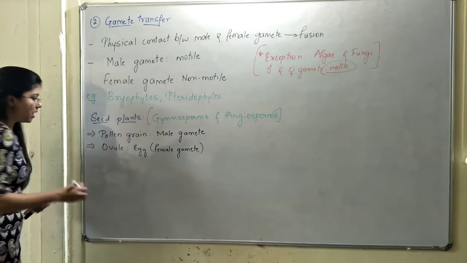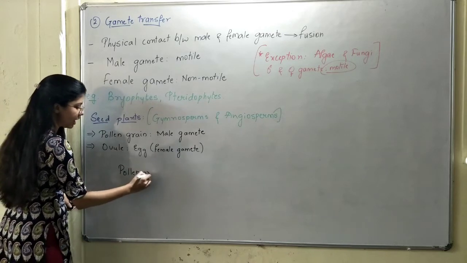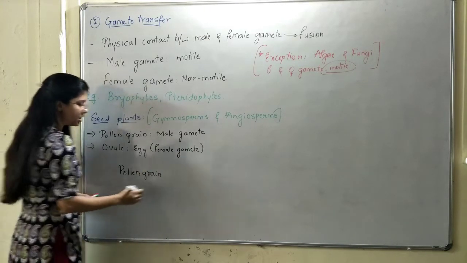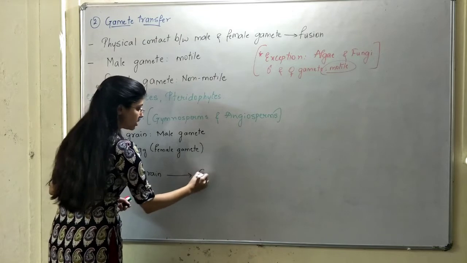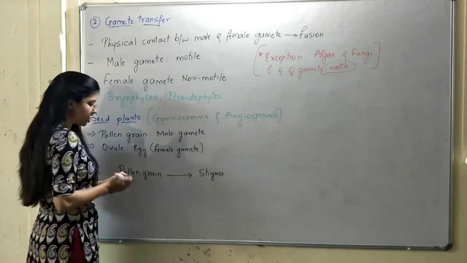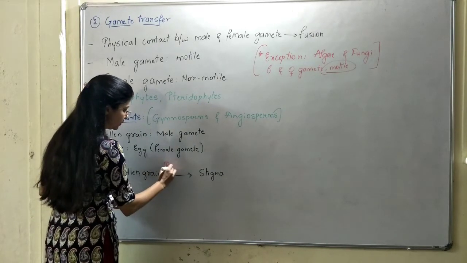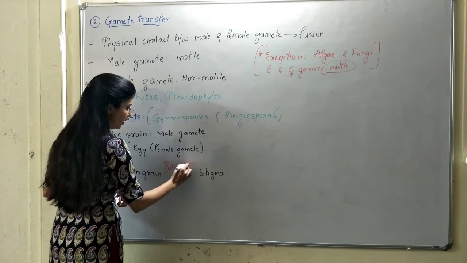In seed plants, for the pollen grain, the structure which carries the male gamete, to reach the stigma of the female reproductive part, there is a special process called pollination.